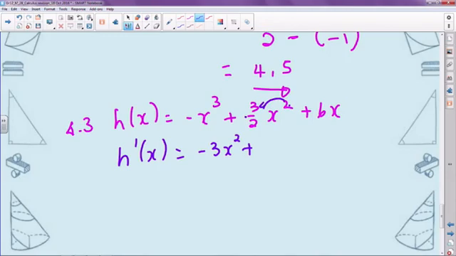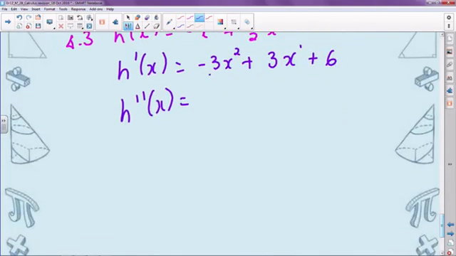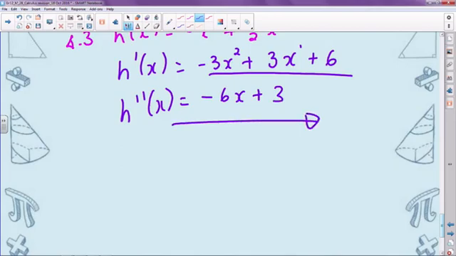We multiply the coefficient 3 over 2 by 2, and so we get 3. And then from the exponent 2, we subtract 1, so we just get x to the 1. Okay, so that's my first derivative. My second derivative, which is going to give me a clue about the concavity, we get by deriving the first derivative. So I will get minus 6x plus 3. So that's the expression for your second derivative.